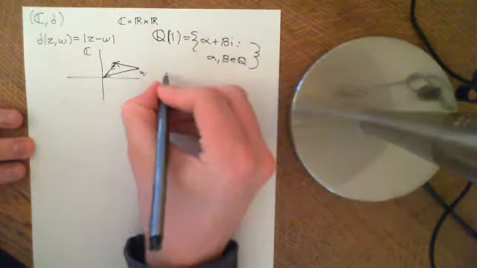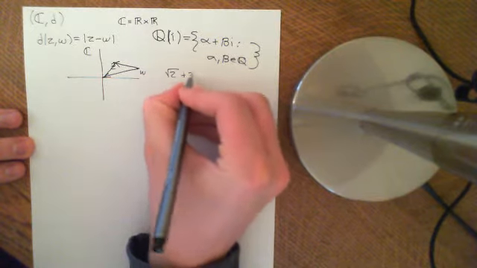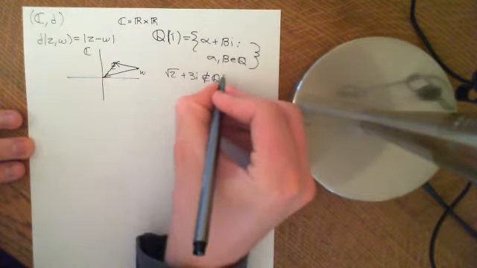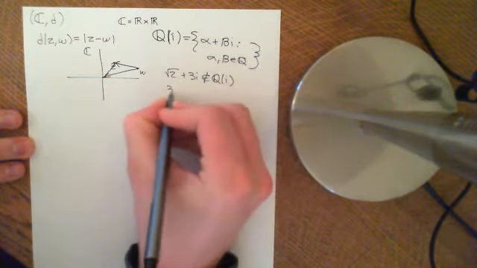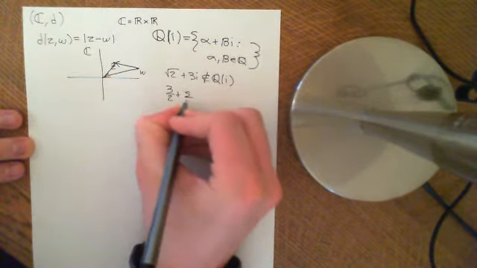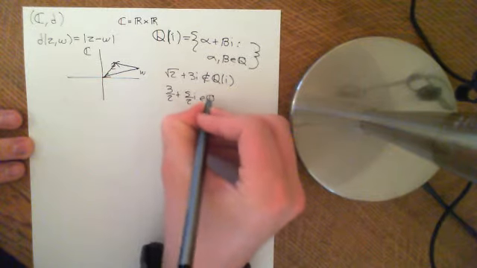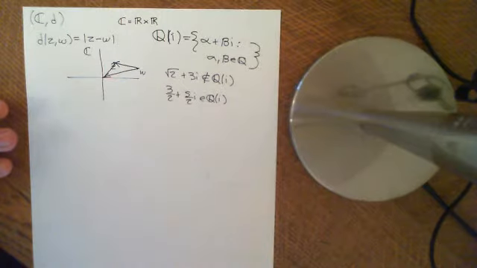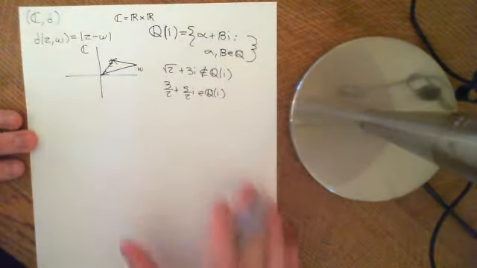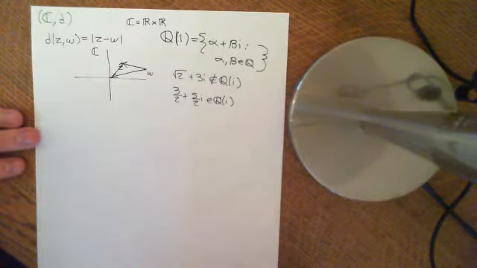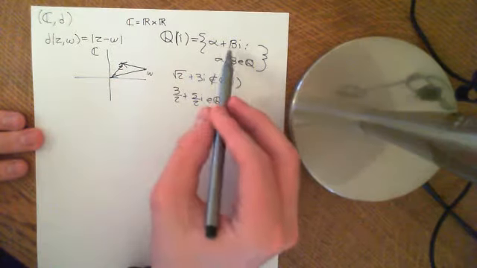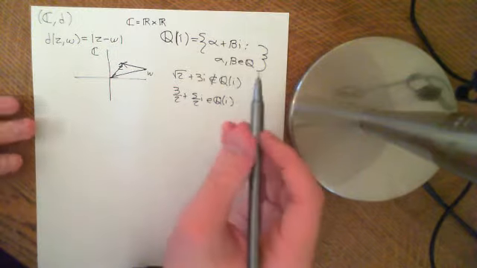A complex number like the square root of 2 plus 3i is not an element of the Gaussian numbers, whereas 3 over 2 plus 5 over 2 i is. It's all complex numbers where alpha and beta are rational rather than general real numbers, because of course the complex numbers is this, where alpha and beta are real numbers.